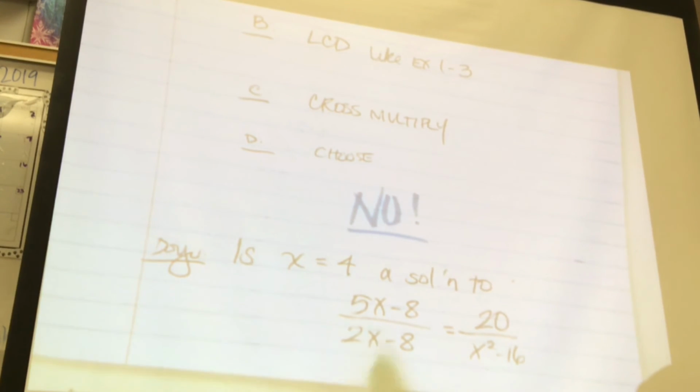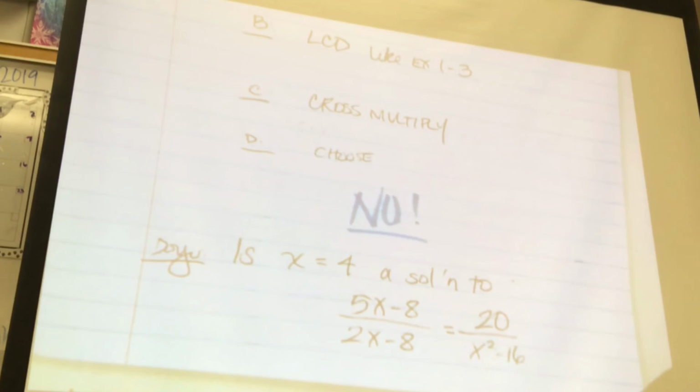What happens when you plug in 4? Yeah, the denominator is equal to 0. Is that allowed, Elizabeth? So what happens if the denominator is equal to 0? Then there's no what? There's no solution. But I'm asking you, is 4 a solution?